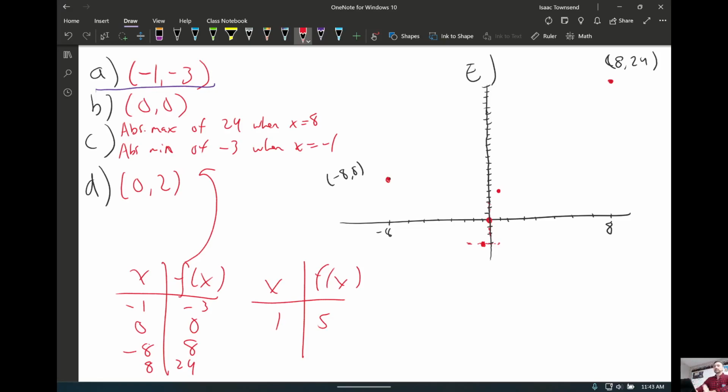For our case, and for the AP test, if this was an FRQ, they might say, graph 3 additional points, or 5 additional points. Or maybe in the directions it'll say it goes through 1, 5, and 0, 0, and -1, -3. So it gives you a little bit more information.